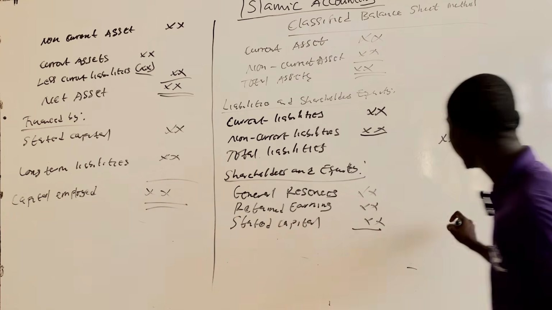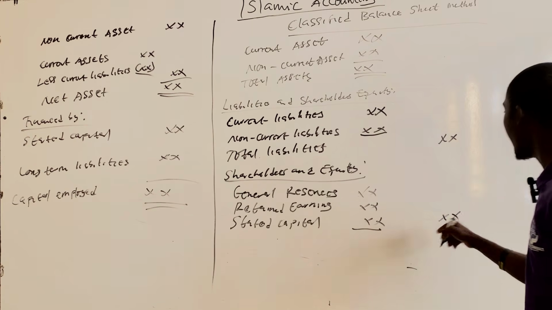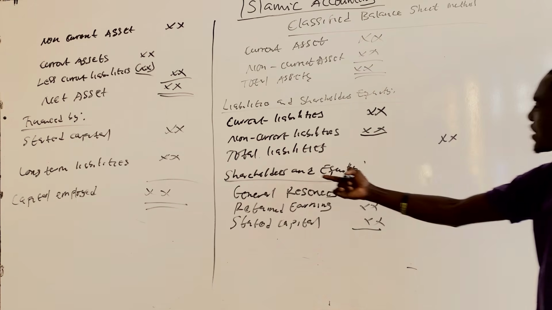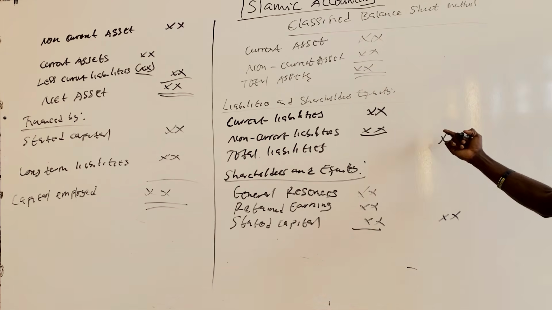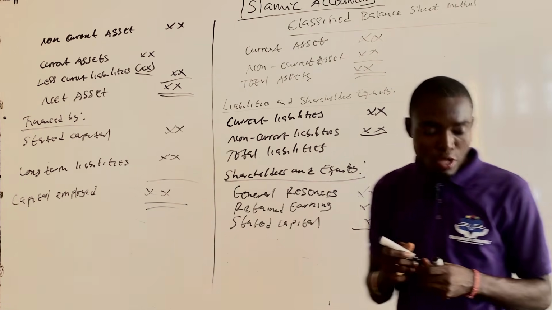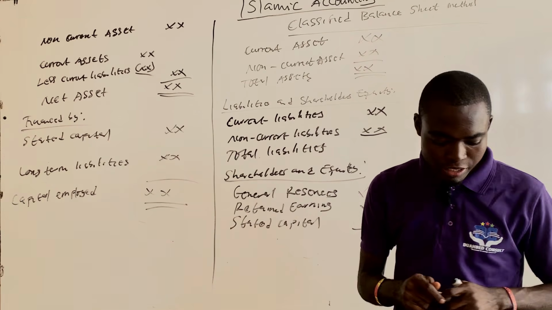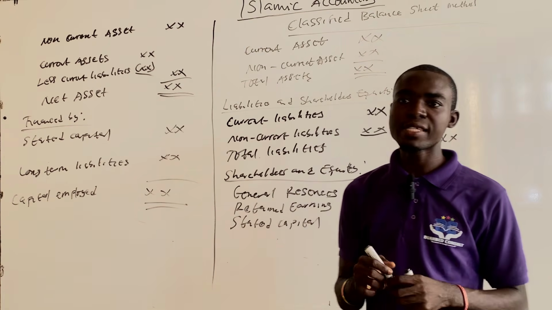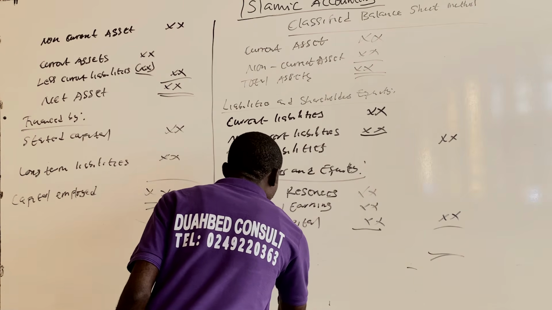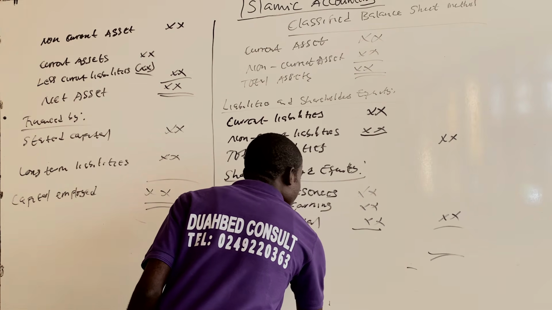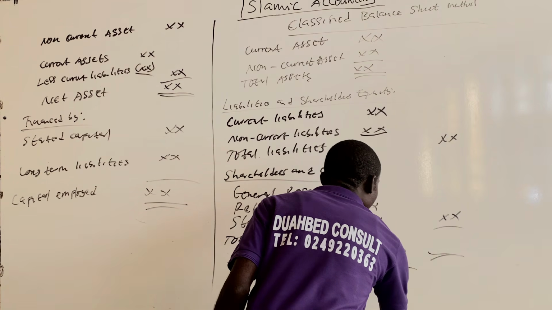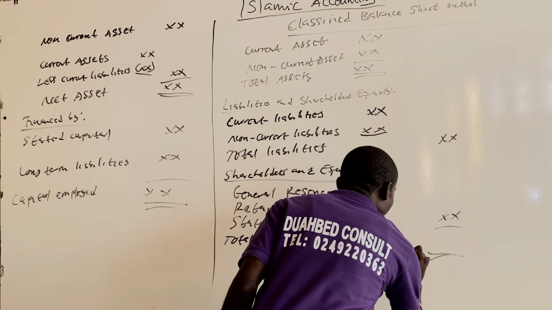After that, you sum them up and then report the total figure in the second currency sign column. So the shareholders' equity total plus the total liabilities will give you capital employed, which is the same as total liabilities and shareholders' equity.